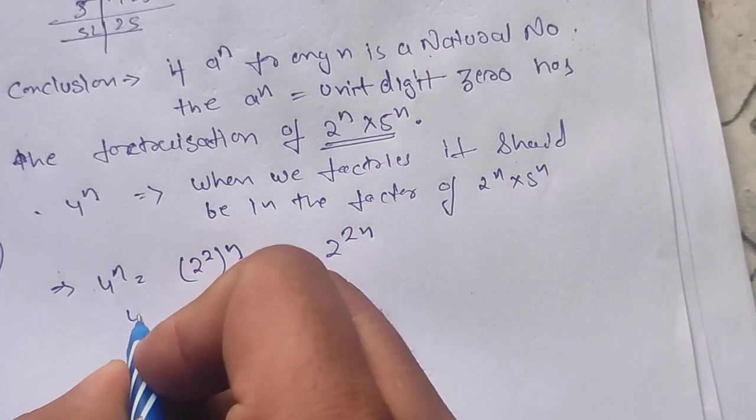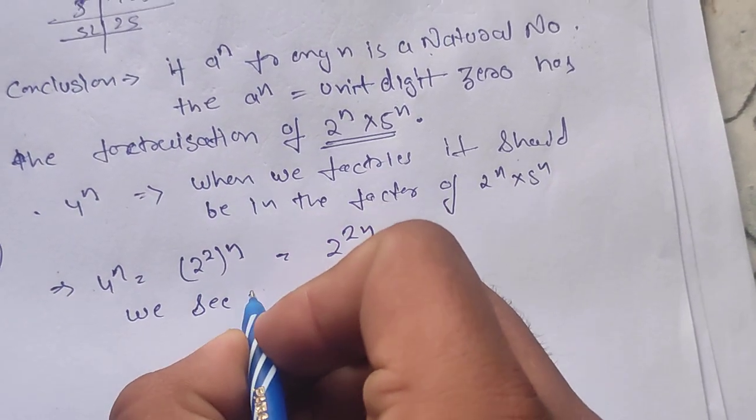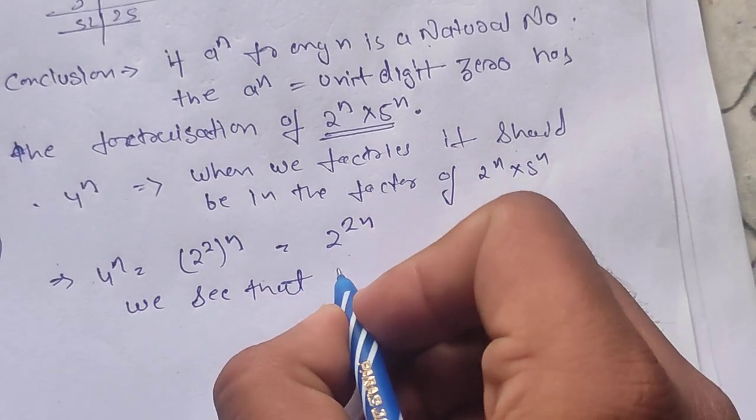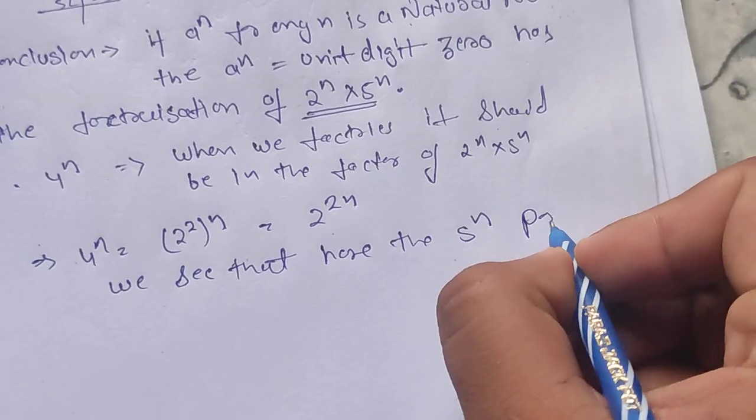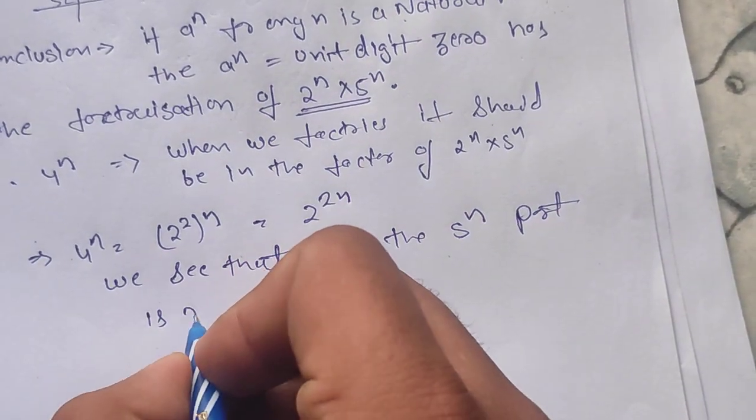Okay, so we see that here the 5 to the power n part is missing.